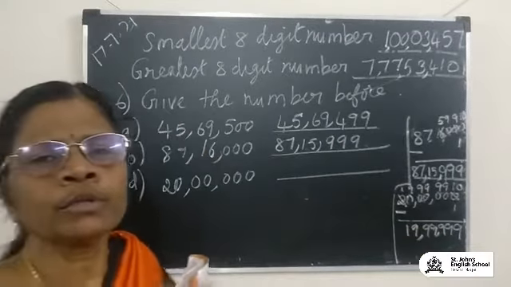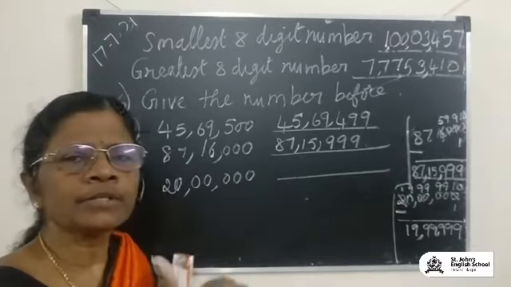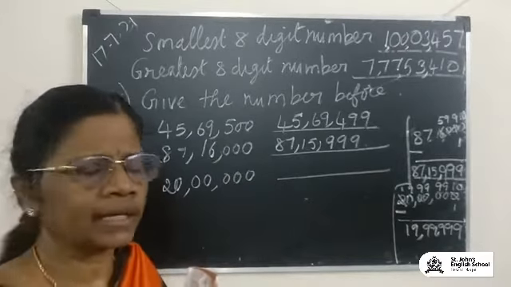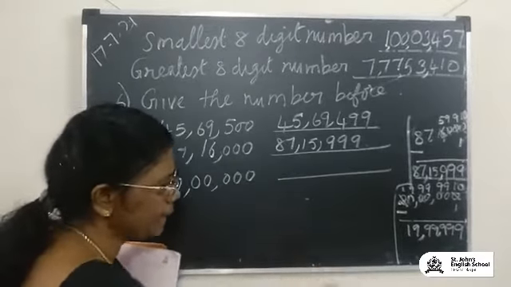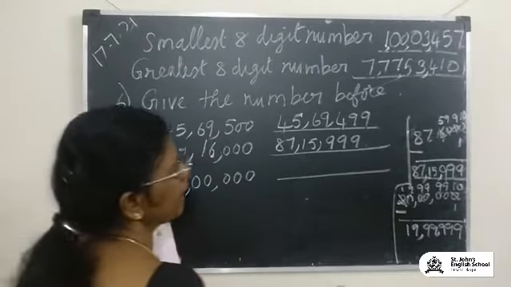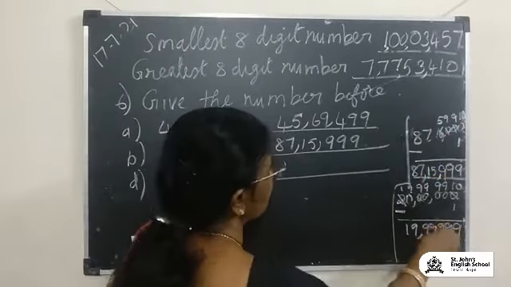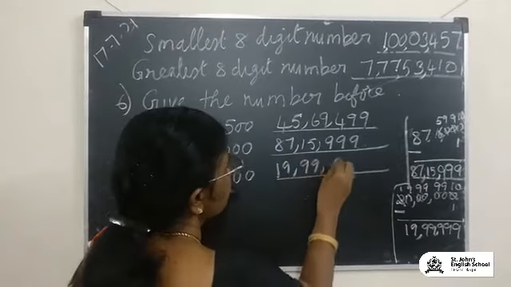Just like how the number before 1000 is 999, or before 10,000 it is 9,999, before 20 lakhs will be 19 lakhs 99,999. So you can see this is the rough column, and you can write without making mistakes.